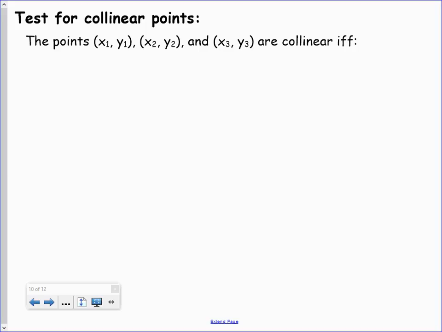These points are collinear, and I know we've seen this before, if and only if this is true.